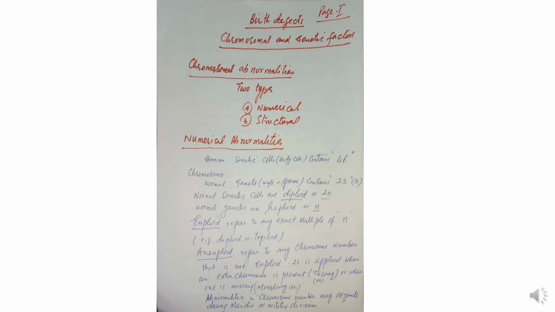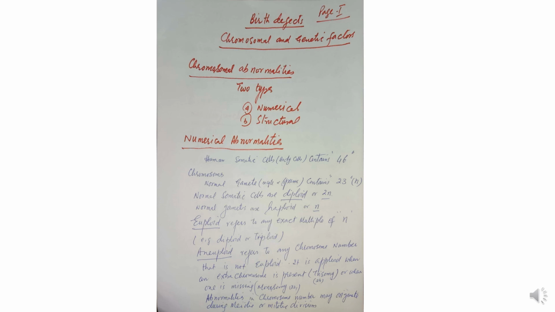Euploid means normal, an exact multiple of n. Although diploid is the human chromosome number, triploid leads to some problems, which we'll talk about later on.